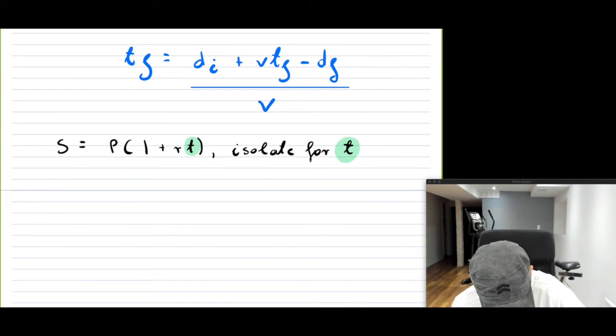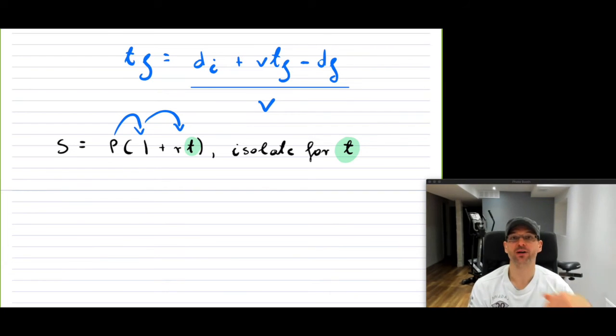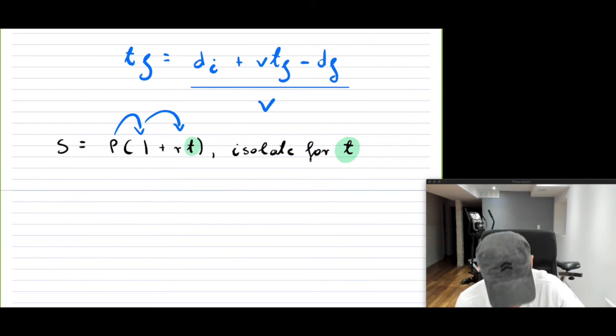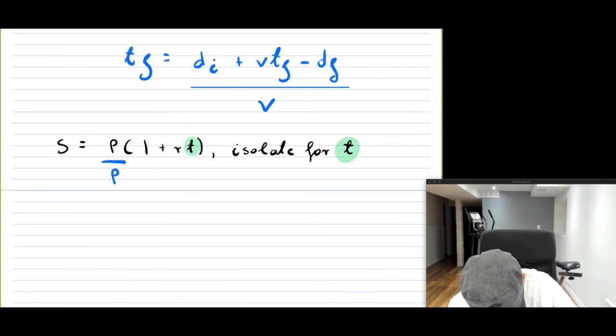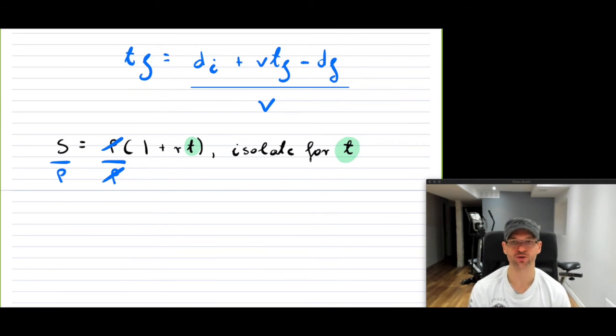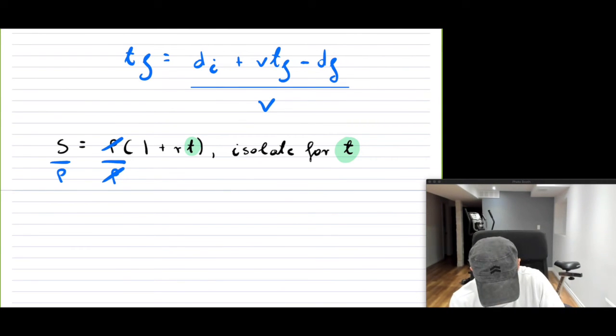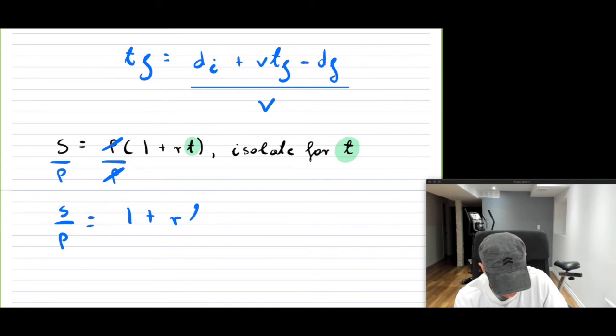Now what do we do? Again, we could bring this inside. But because we kept bringing it inside, now I'm going to instead divide both sides by p to show you that this also works. So now I will have s over p is equal to 1 plus rt.